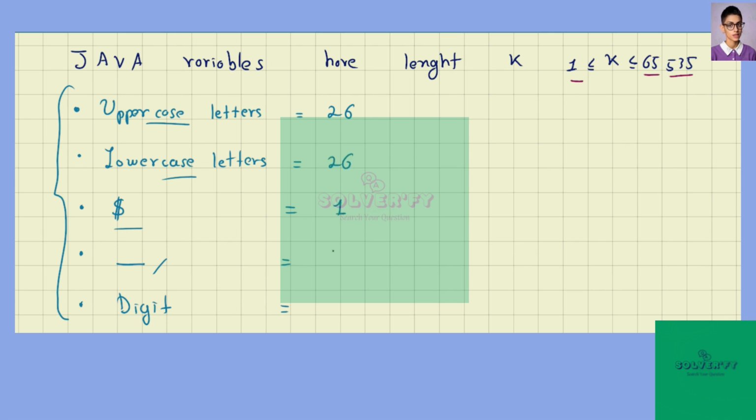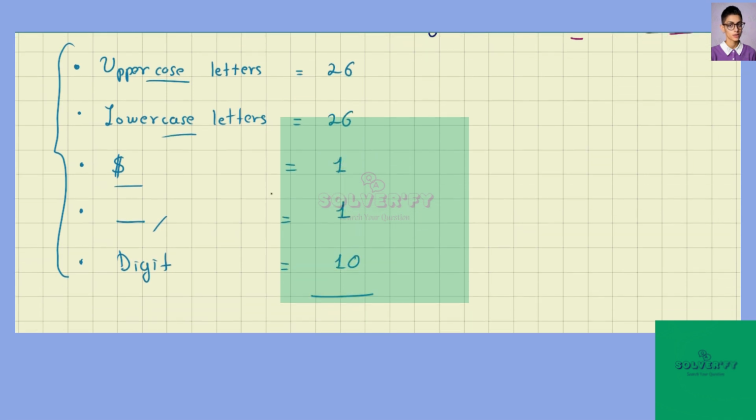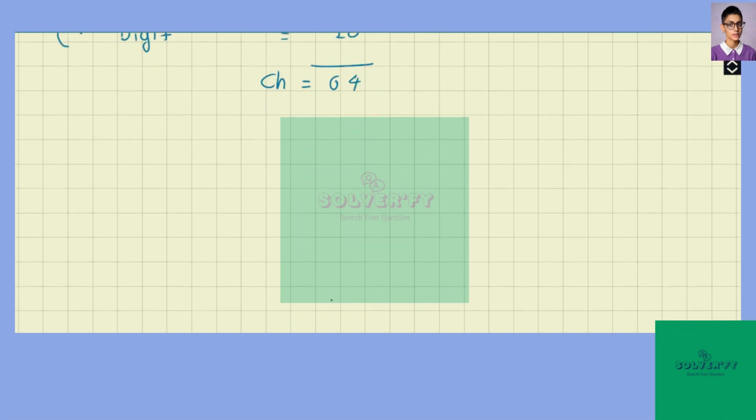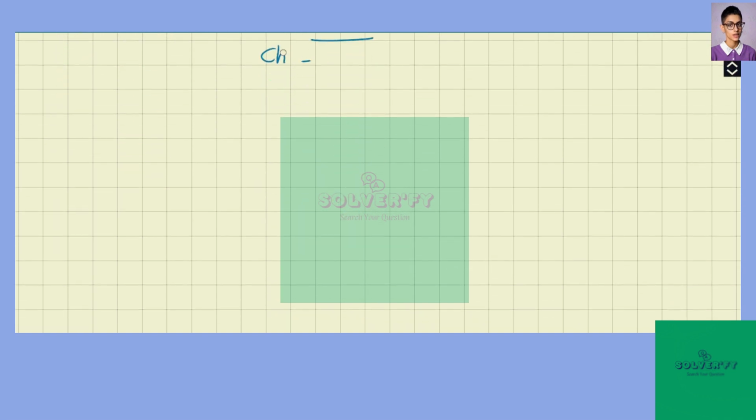We have one symbol of dollar, one underscore symbol, and we have 10 digits. So in total, if we sum all these possibilities, we have 64 characters for a Java string. Okay, so let's focus on this part.